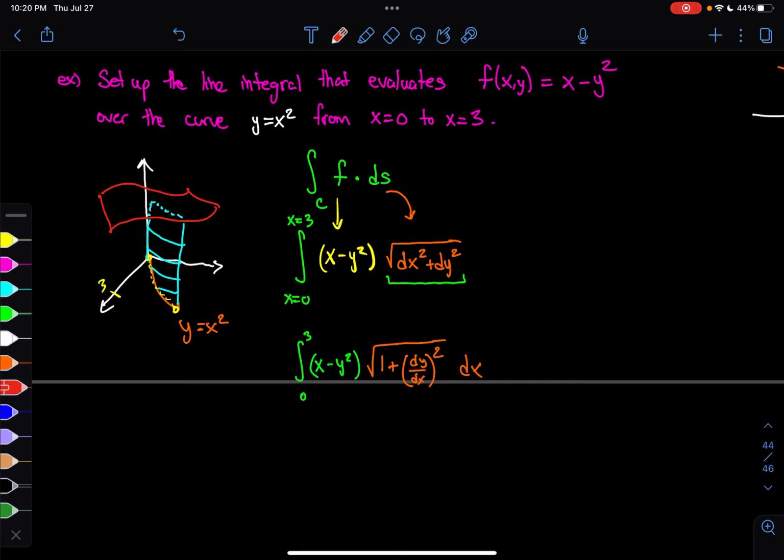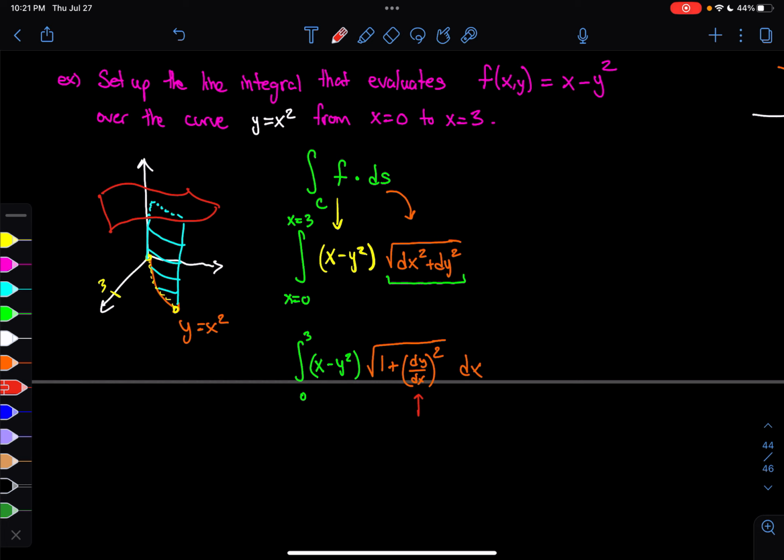And now the question is, what function is this that we're taking the derivative of? Well, this is our path function. Don't get these twisted: this f right here corresponds to the values that we're adding up, but the ds is our change in arc length. So that function corresponds to y equals x squared.